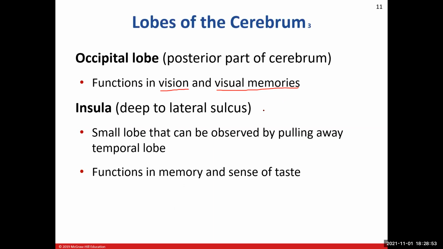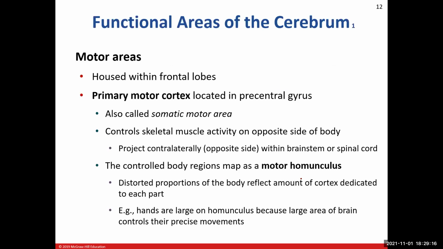Like I said before, you're just going to pry apart the lateral sulcus there, pull the temporal lobe down a little bit, pull the parietal lobe up a little bit, and you can peek in there and you'll see the insula. Its job has to do with memory and taste. So those are the 5 lobes of the cerebrum.